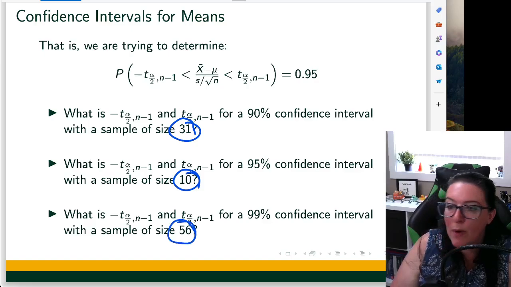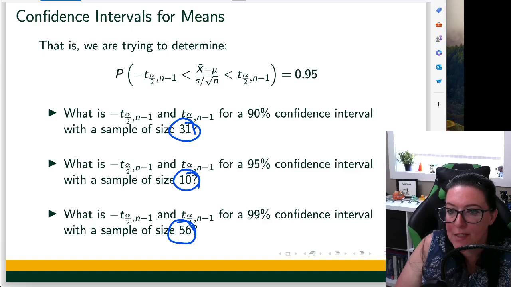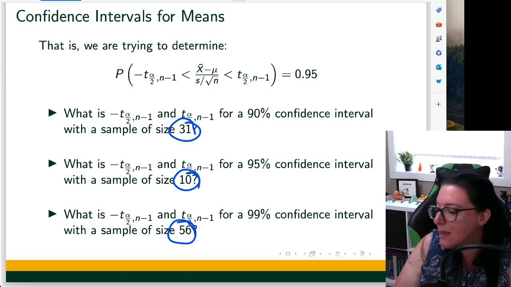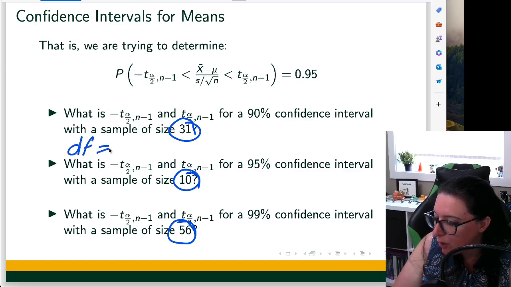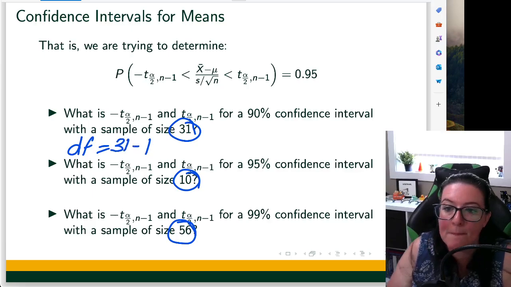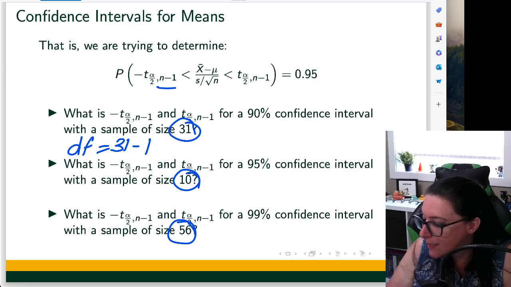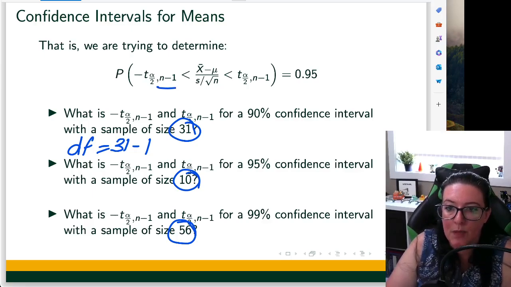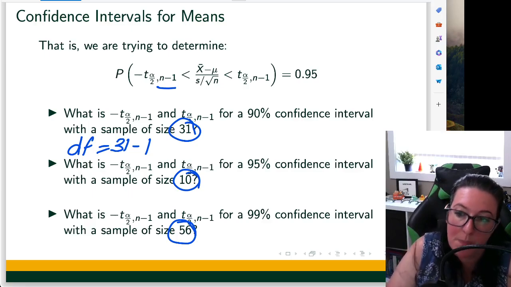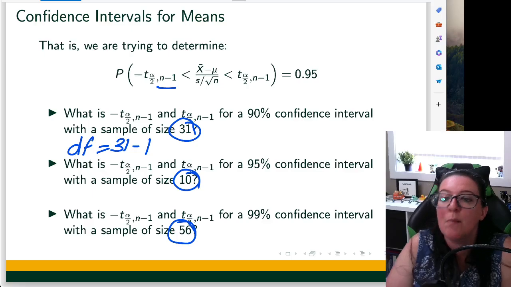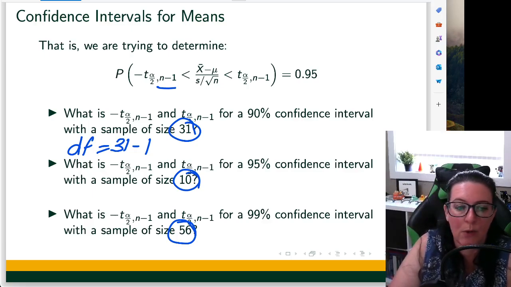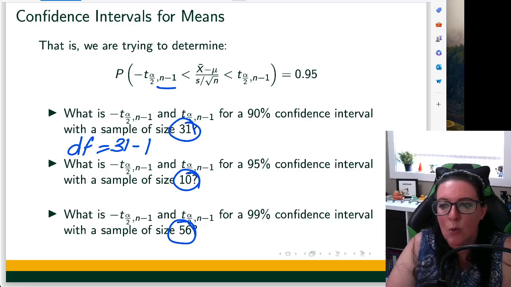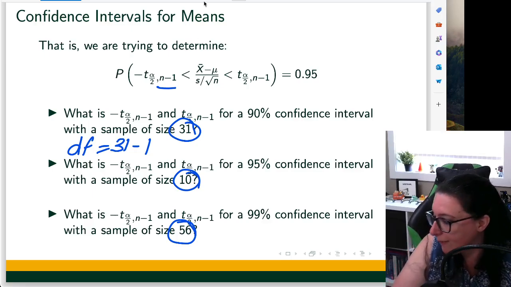Okay, so if I wanted to do a 90% confidence interval with a sample size of 31, then I need to look up on the table our degrees of freedom of 31 minus 1. So notice this n minus 1 here. And that's because we're using the sample standard deviation, which is going to depend on the sample average. Because of the relationship between those two statistics, we actually lose what we call 1 degree of freedom.